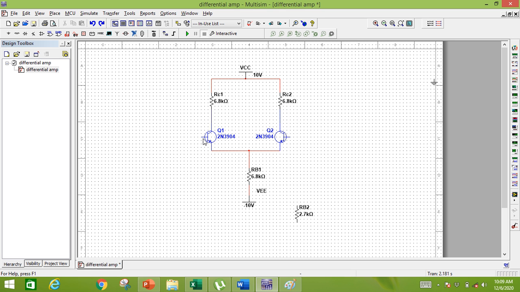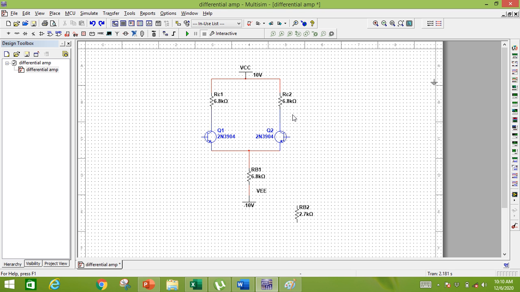It means that if we apply input voltages here, then this amplifier will only amplify the difference between the two input signals, and we will get the amplification at the output, and we can take the output from the collector of Q1 as well as from the collector of Q2. So we have two input terminals and one output terminal.